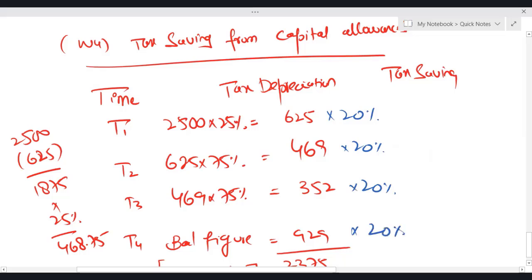So 625 into 20%, the tax saving is 125. 469 into 20%: 93.8, make it 94. 352 into 0.2: 70.4, make it 70. 929 into 20%: 185.8, so make it 186.